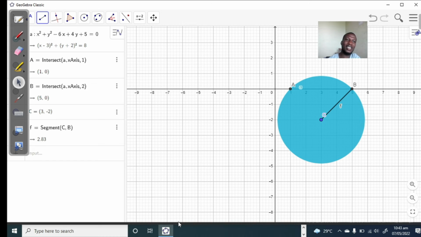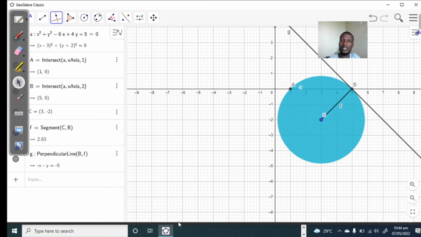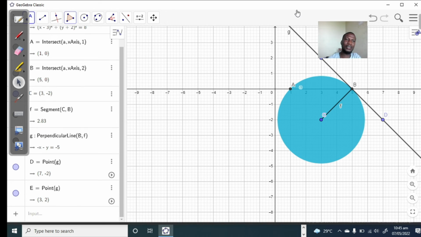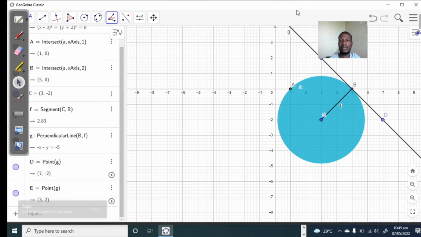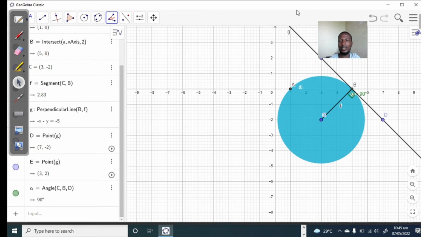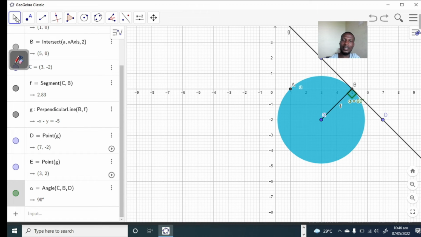Let me get that as the tangent. So this becomes our tangent, G is our tangent, and it's perpendicular because we can measure the angle. I take the angle here to see that this is 90 degrees because it's perpendicular.